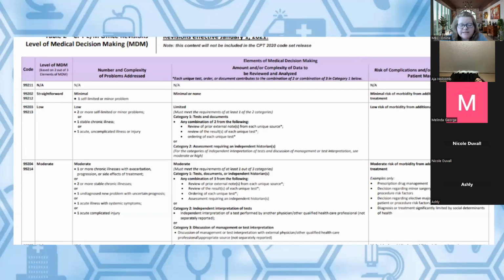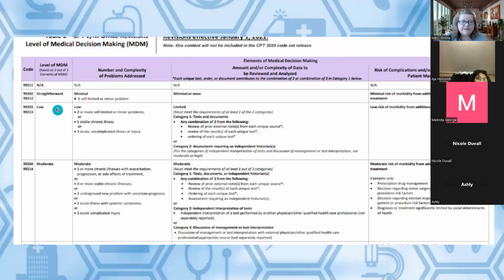So I wanted to bring this up because this grid is super helpful if you're new to E&M and you're trying to figure out your medical decision making and your level of complexity. If you don't know which level it's supposed to be at, this can help you break it down, right? She gives you, for straightforward MDM, one self-limited or minor problem.